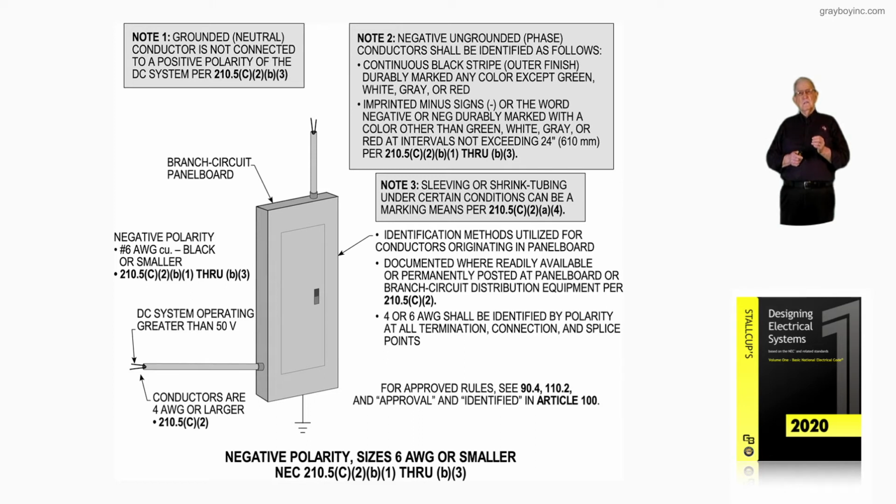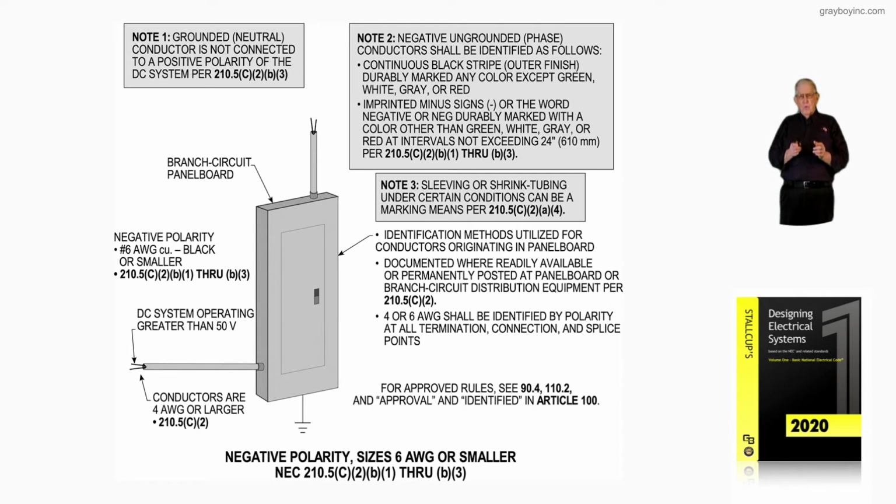And then the last bullet, 4 or 6 AWG should be identified by polarity at all terminations, connections, and splice points so that we don't get a positive and negative cross.